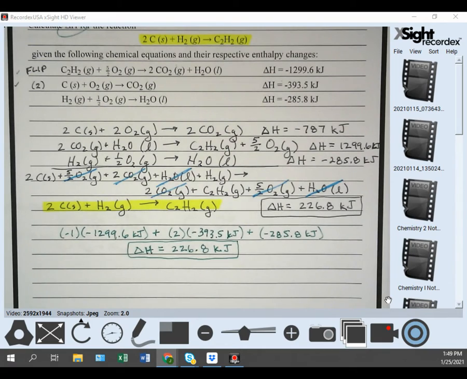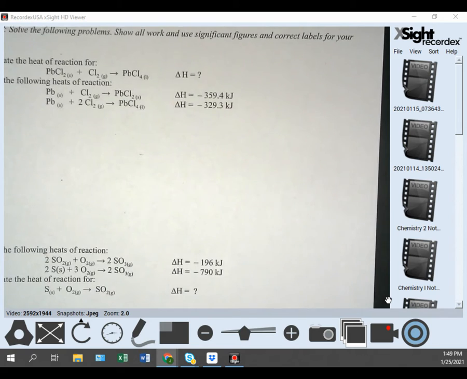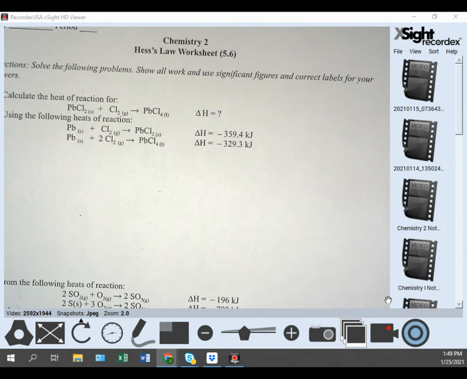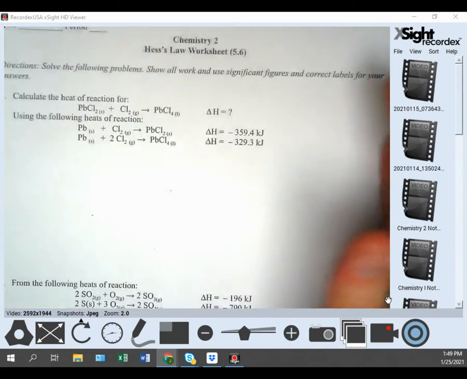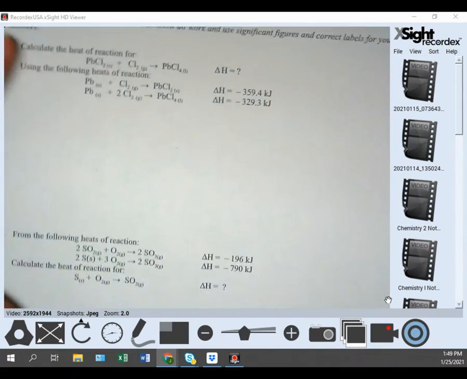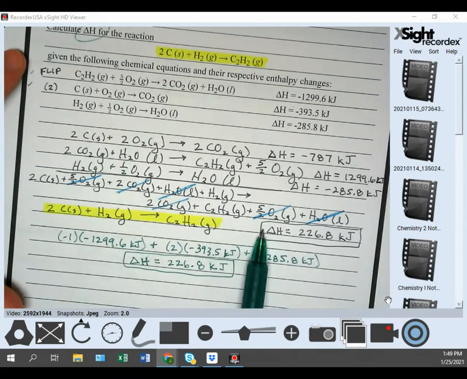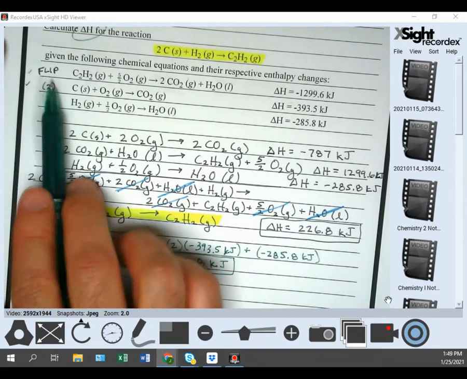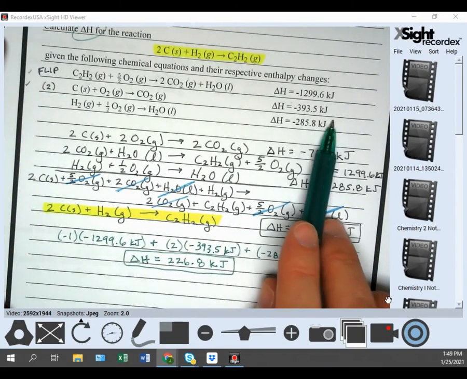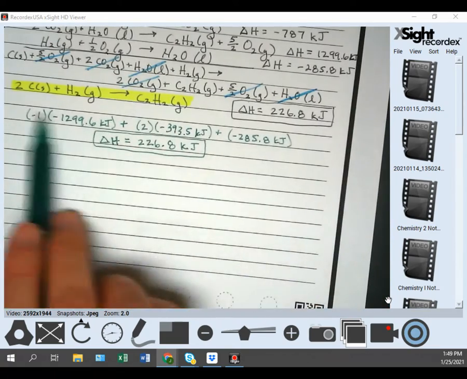Okay. The homework is the worksheet. You're essentially kind of doing the same thing. Now, when you do this, if you are not writing them all out like this, I need to at least see what you did to each delta H. So like I want, if you're not writing it all out, I need to see this stuff like I wrote in green here.